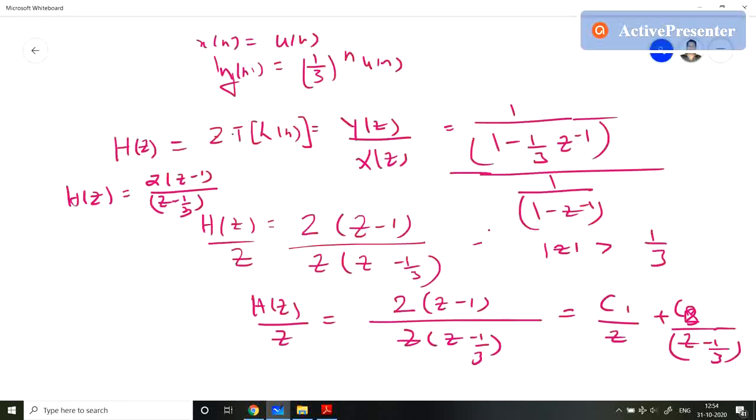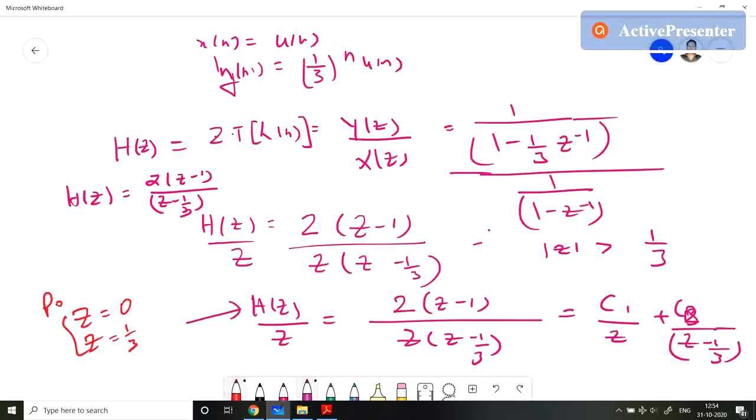If we see the previous slide, we can find that H(z) by z has poles at z equals 0 and z equals 1 by 3, and the zero is present at z equals 1 by 2.